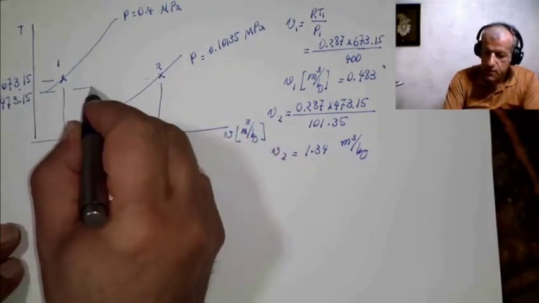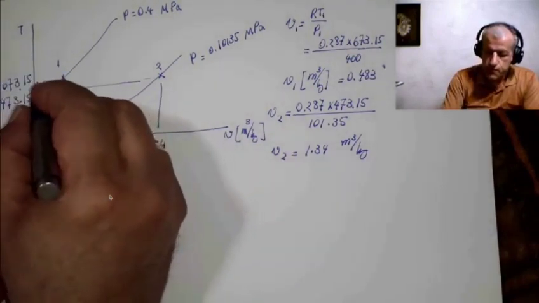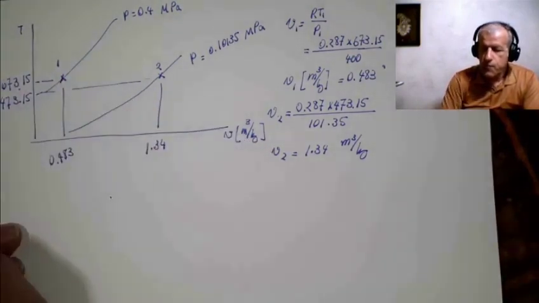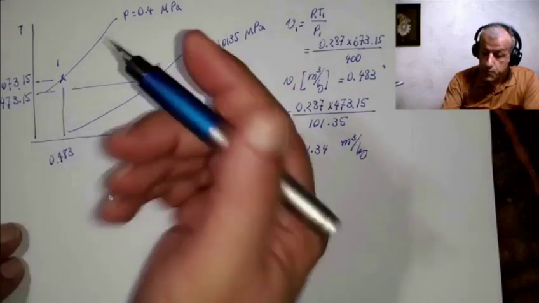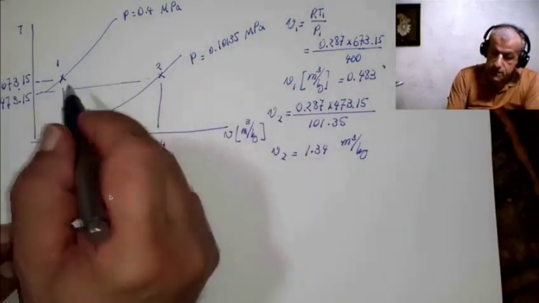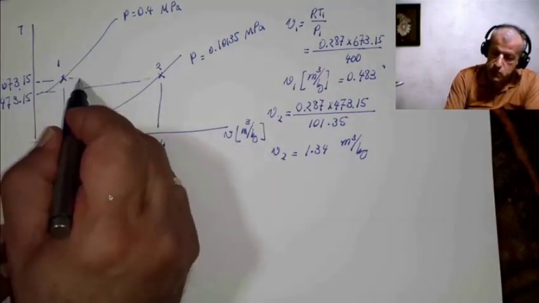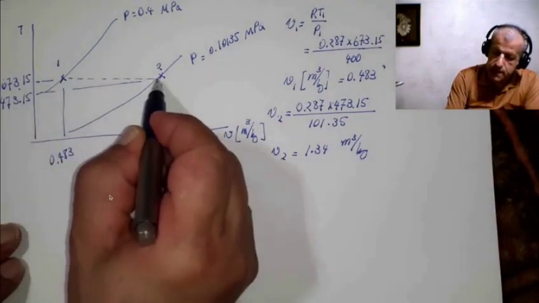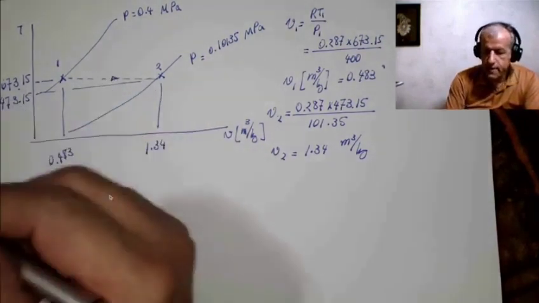This is T1 and T2. Okay, so this was the process. This was the initial and the final point, and the process between 1 and 2 would look like this one. This is the process between 1 and 2.